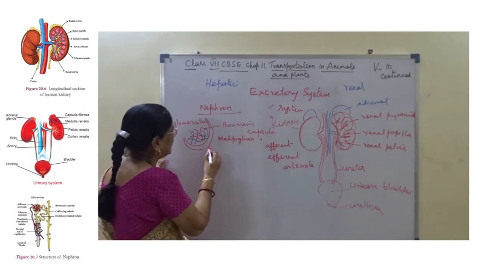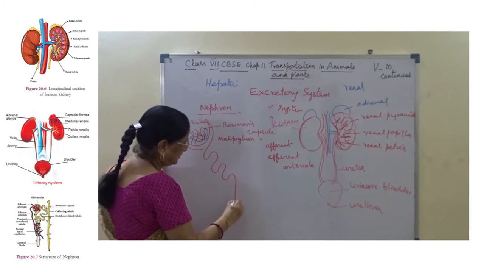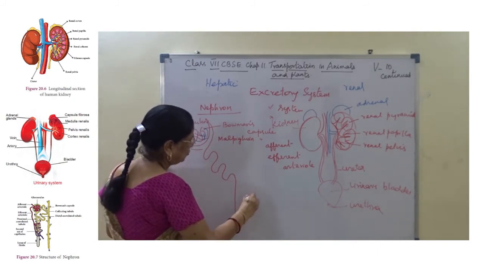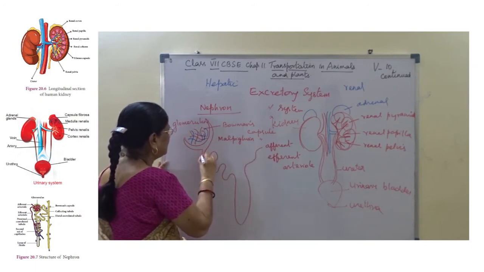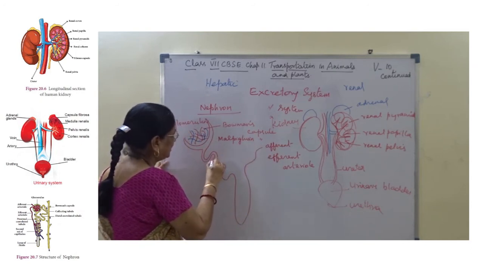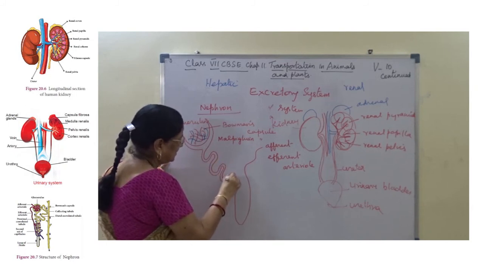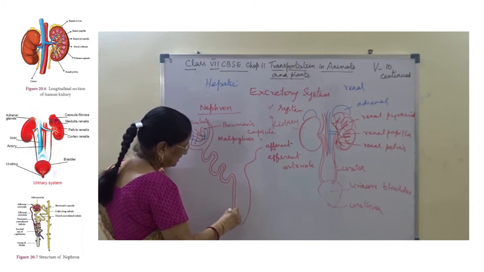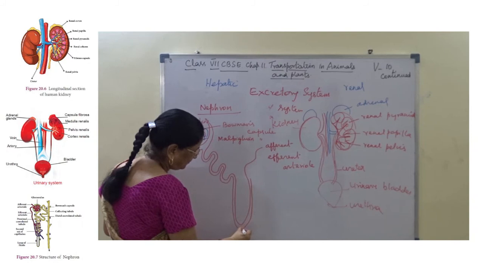And then it is continued as a highly coiled tubular structure, and that is known as convoluted tubule.